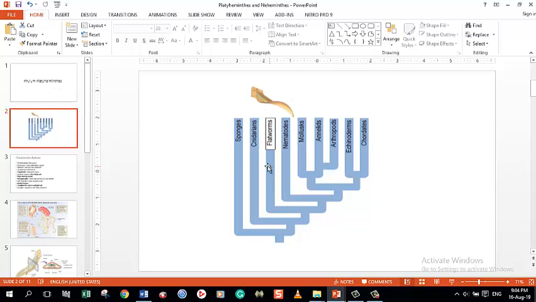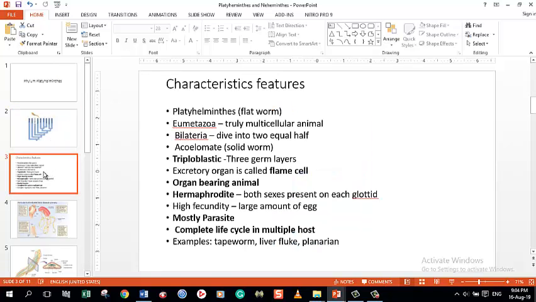This is a typical example, the third group of animals, phylum Platyhelminthes. So we'll look at some of the characteristic features of the Platyhelminthes. These characteristics may even be useful to you to reflect in your practical records.